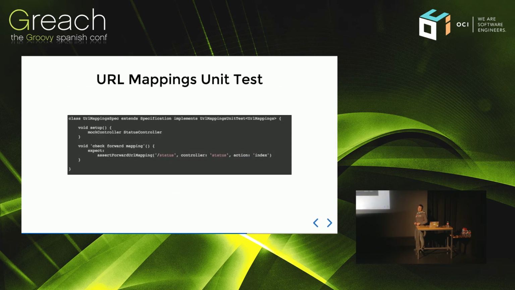And it's not all. We are not over. If you want to be sure that when you hit the endpoint with your request, it's properly mapped, you should implement URL mappings unit tests.